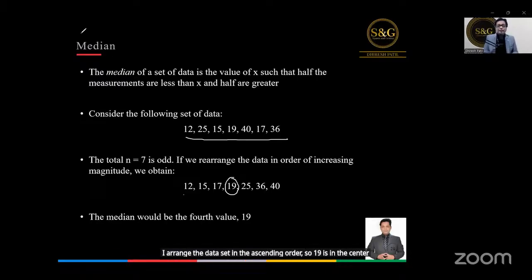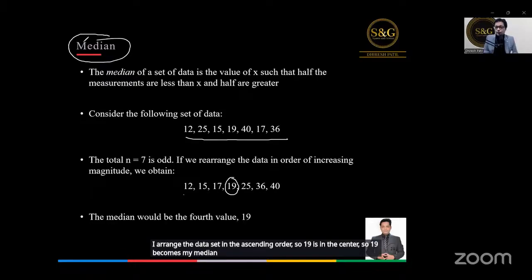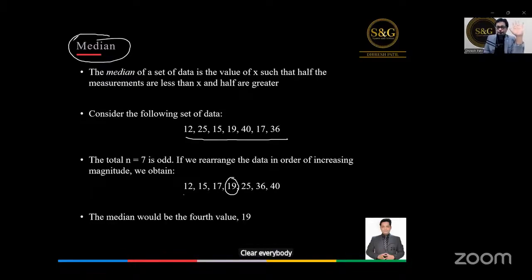So 19 becomes my median. Clear, everybody? Just give me yes in the chat box. Median clear hai? If you arrange the data in ascending or descending order, whatever remains in the center is called a median. Very clear? Very good. Simple, mean, mode, median, clear?